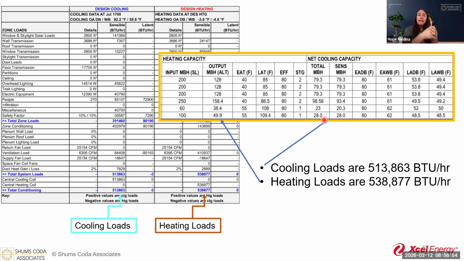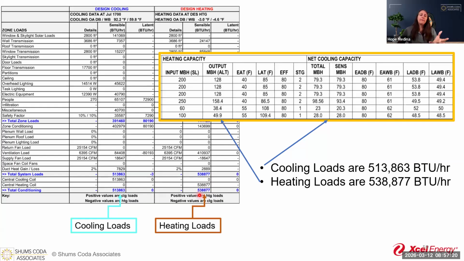The one thing I will say is remember, when you are looking at the loads, especially here, because it's specifically called out, for our heating you're not looking at the input loads, right? This one says that you need to have 538,877. You need to verify the output.